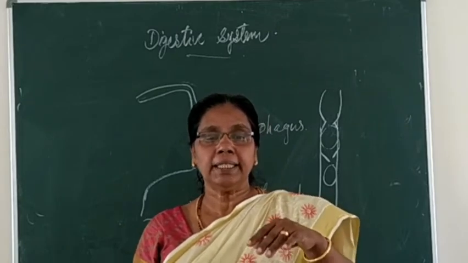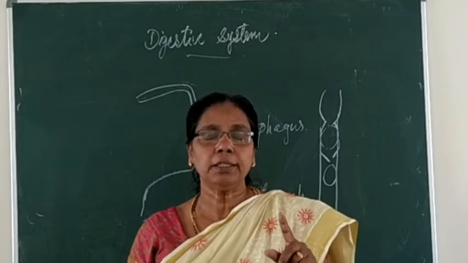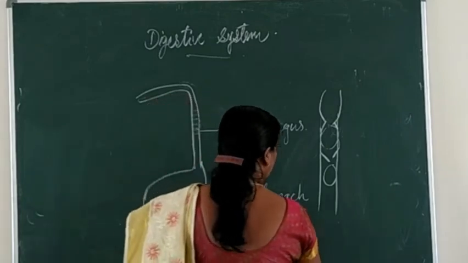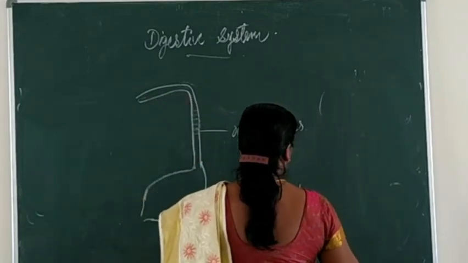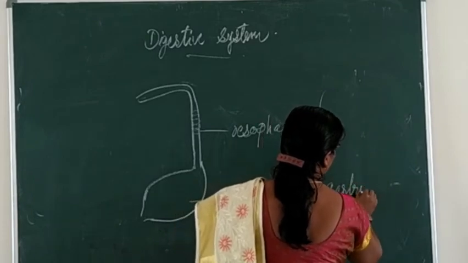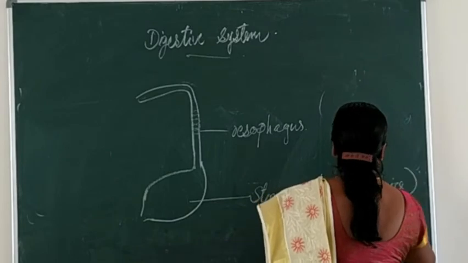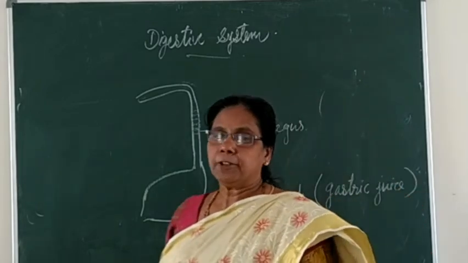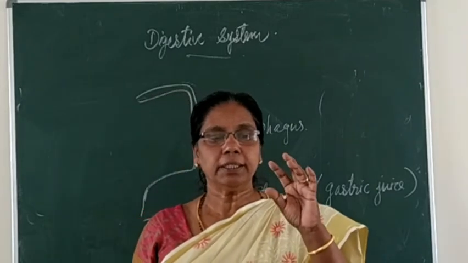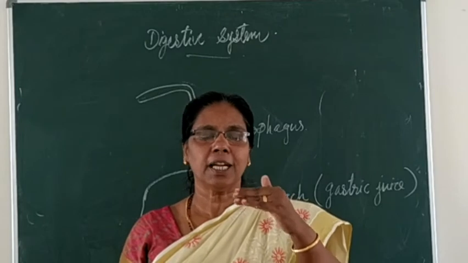There is a juice produced by the wall of this stomach, that is called as gastric juice. So the stomach produces a juice called as what? Gastric juice, which helps in the digestion. Okay, the food will remain 2 to 3 hours in this muscular structure.